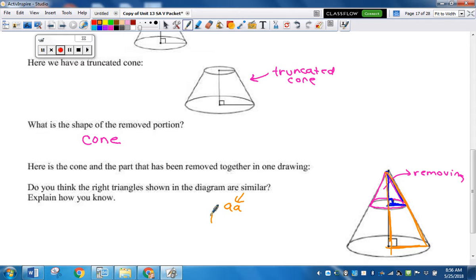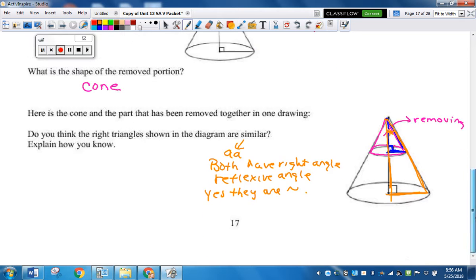They both have a right angle, so they each share that in common. And if you look at the top, don't they share an angle? So they share a reflexive angle at the top, which says, yes, they are similar. All right, that's great, but how does that help us? So, let's flip over, think a little bit more.